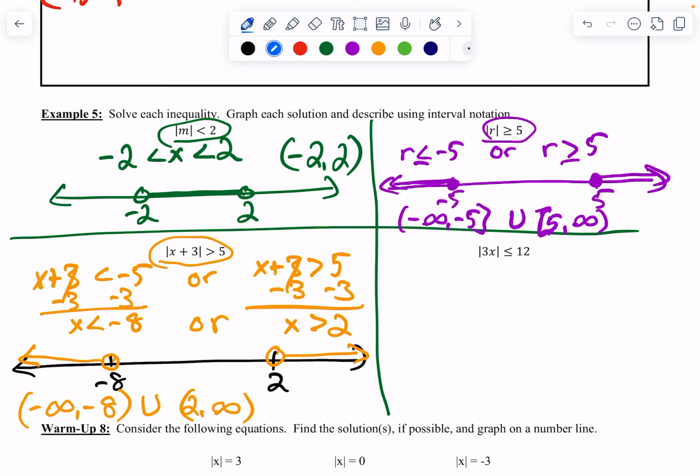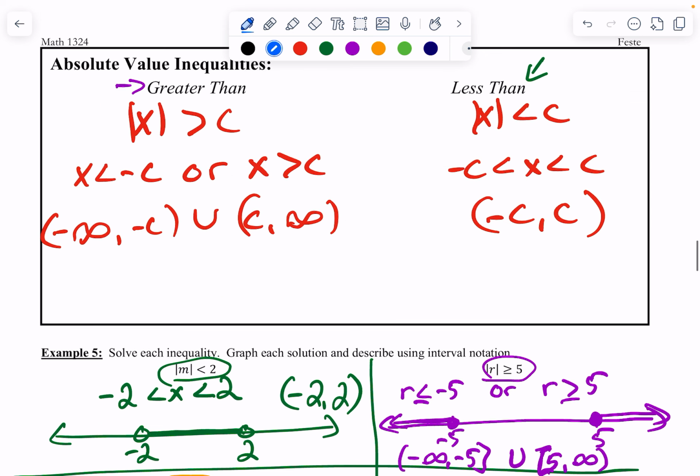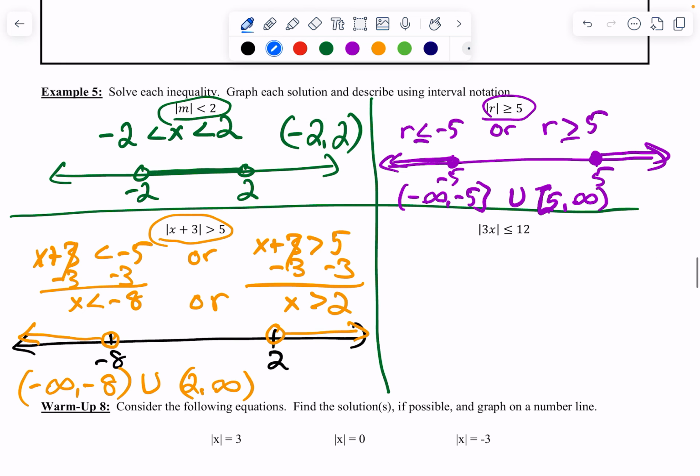Okay, next one. Absolute value of 3x is less than or equal to 12. So we do the exact same thing like we've done with the less than over here. So -12 is less than or equal to 3x is less than or equal to 12.